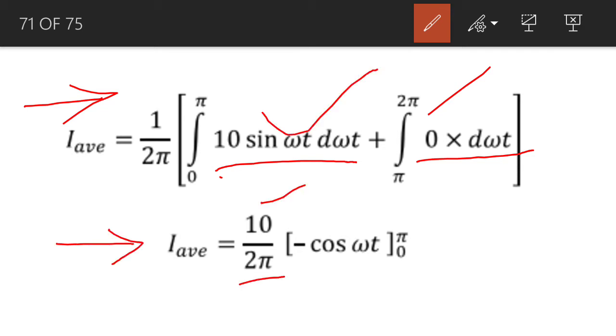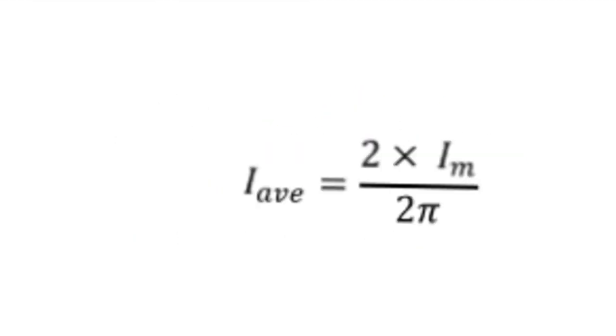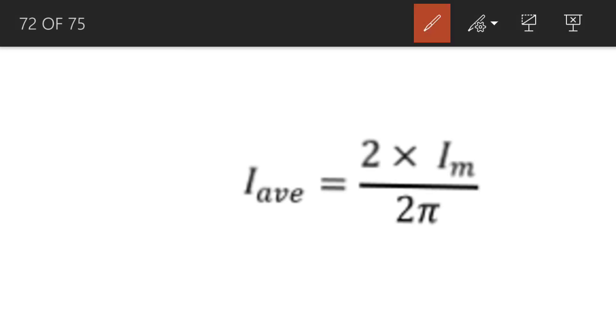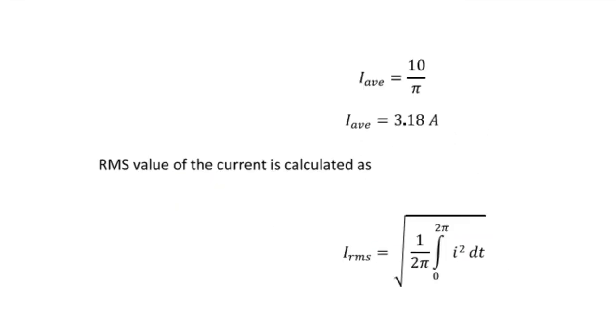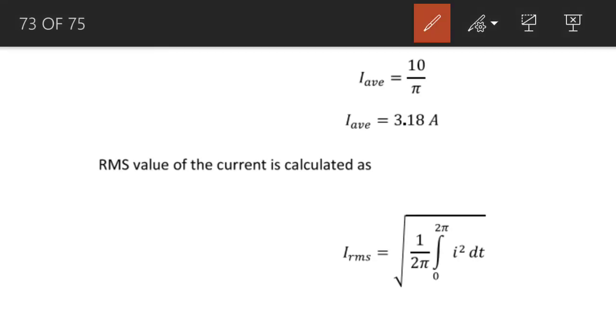The integration of sine of omega t is minus cos of omega t, and if we simplify the right hand side, the average value comes out to be 2 multiplied by the maximum value by 2 pi, and if we put the value of the maximum value of the current, we get 10 divided by pi. So the average value of this time varying current is 3.18.